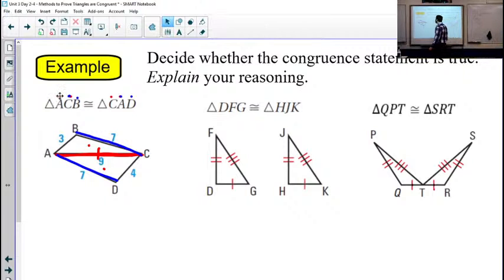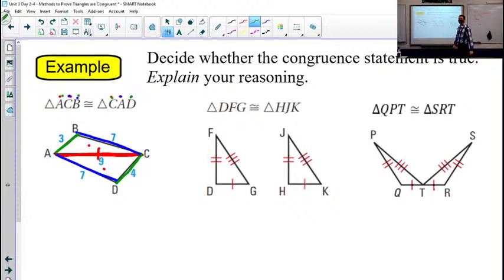Then my last pair of sides would be first and last, A to B, and then first and last, C to D. A to B is 3, and then C to D is 4. Oh man, it's all ruined, because those aren't the same. One of them is 3 and the other is 4. So are these congruent? Nope.